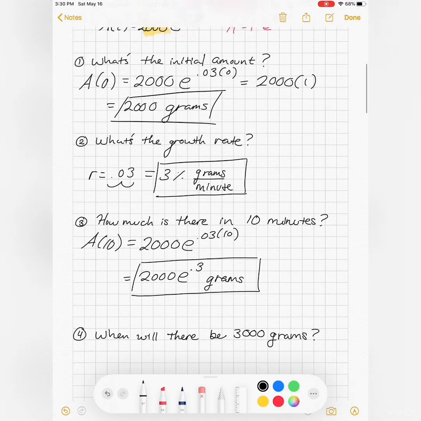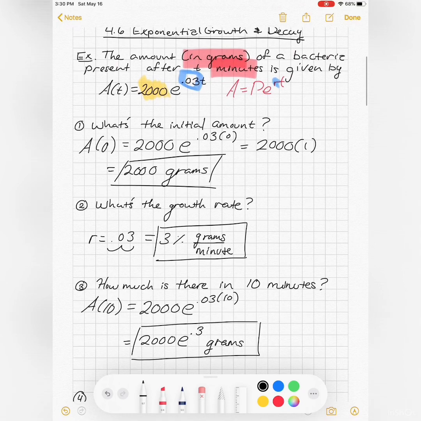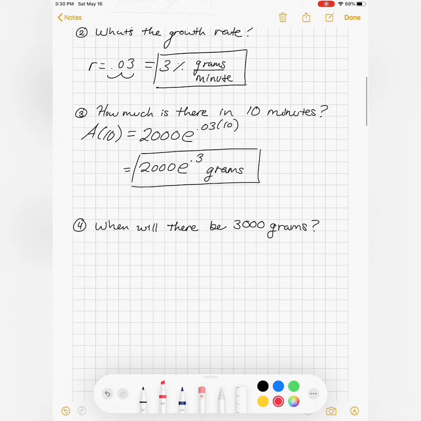When will there be 3,000 grams? So now I'd actually be setting the whole equation equal to 3,000. And so I'd have 3,000 equals 2,000 e to the 0.03t. My goal is to solve for t. Remember, first I have to isolate the exponential.